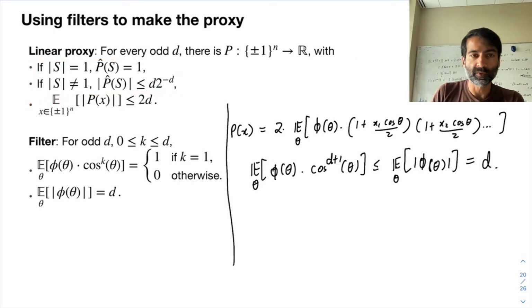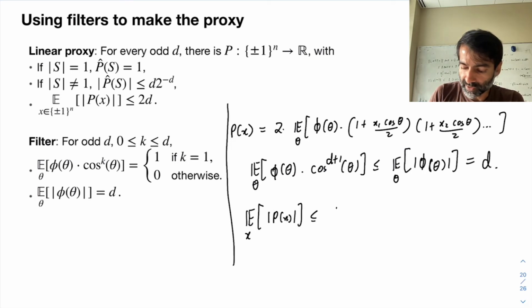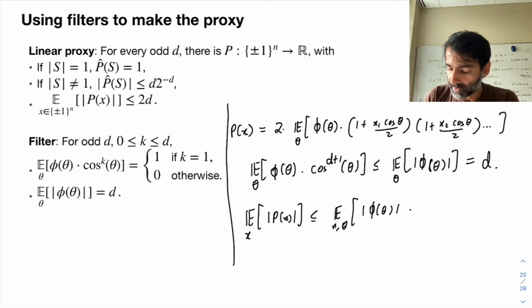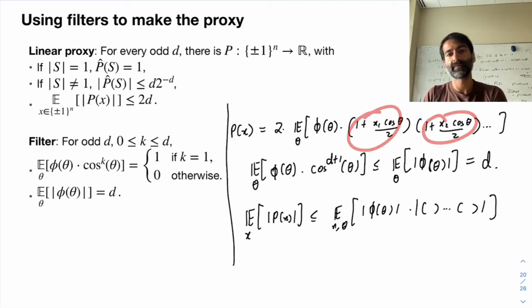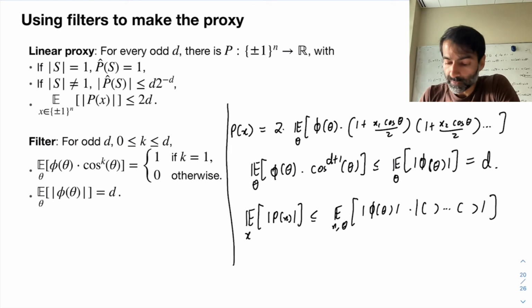To bound the L1 norm of p, let's look at the expected value over x of the magnitude of p of x. Well, by the triangle inequality, this is at most the expected value over x and theta of the magnitude of phi of theta times the magnitude of these n terms in the product. But all of these terms are positive, because x1 is either plus 1 or minus 1, and cosine theta has magnitude at most 1.